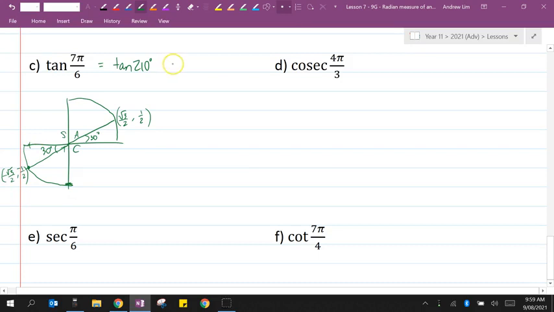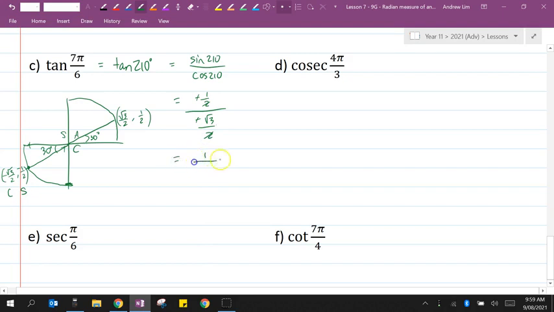Okay, so if we want to work out tan, it is sine over cos, sine 210 over cos 210. Well, sine is negative half, cos is negative root 3 on 2. So the negatives cancel each other out, the 2's cancel each other out.